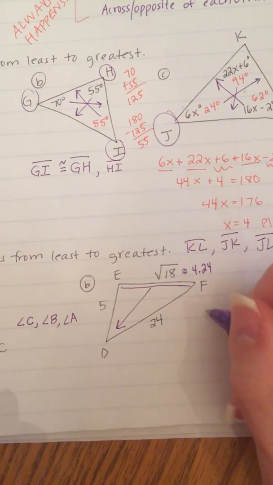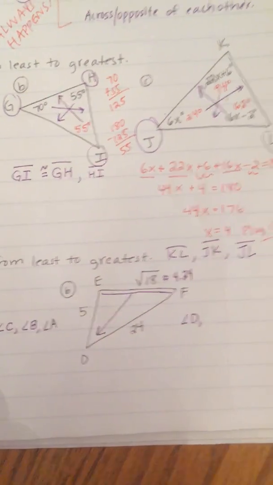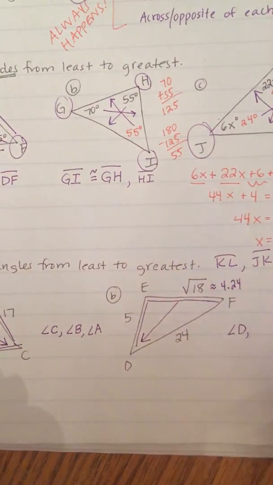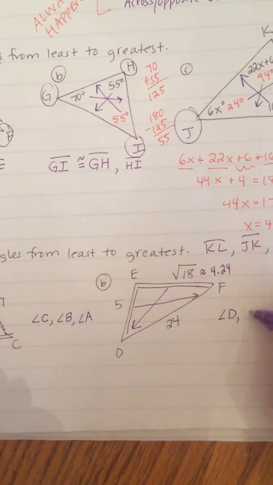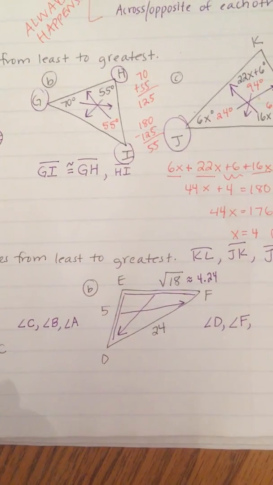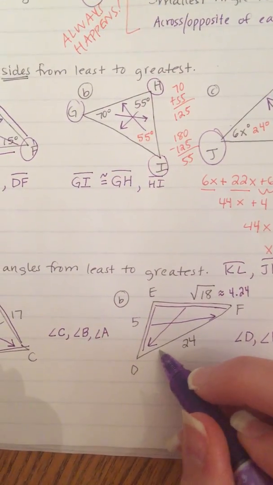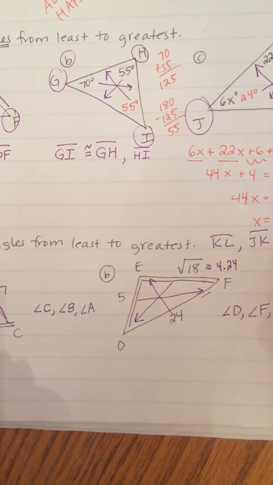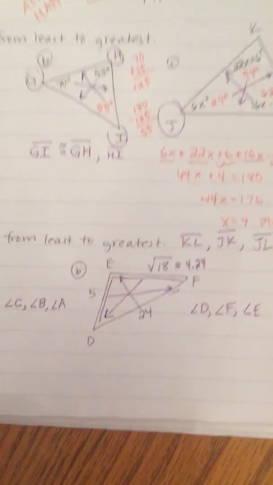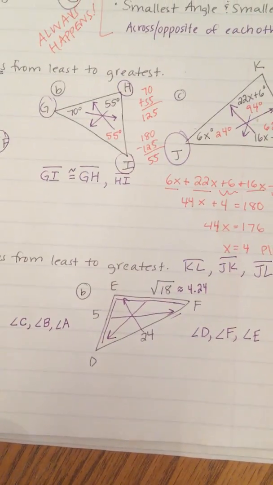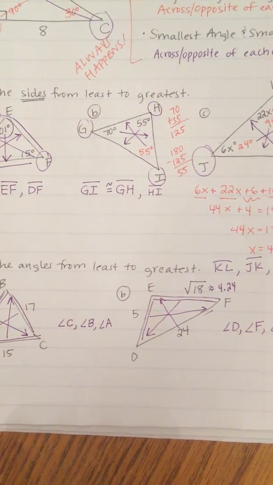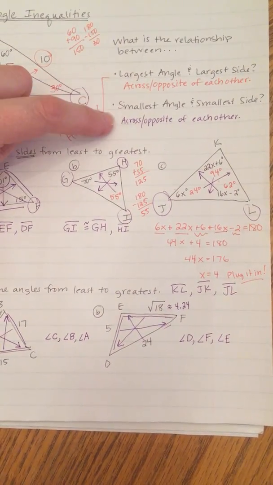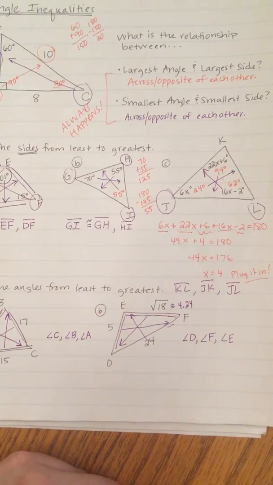What's across from it is angle D. What will be the middle angle? Angle F. And the largest angle is across from the 24, angle E. Okay, so that is the first part of triangle inequalities. Just remember, largest angle opposite largest side, smallest angle opposite smallest side.